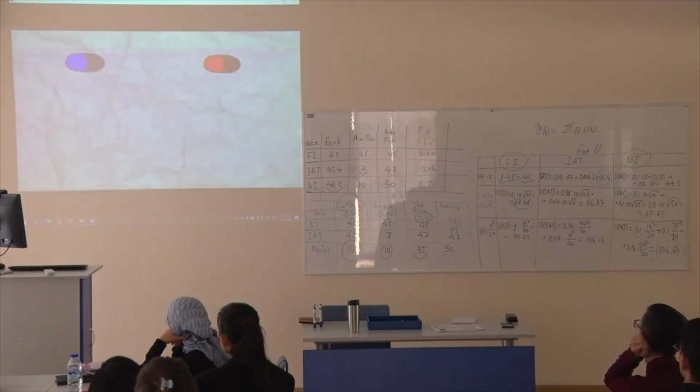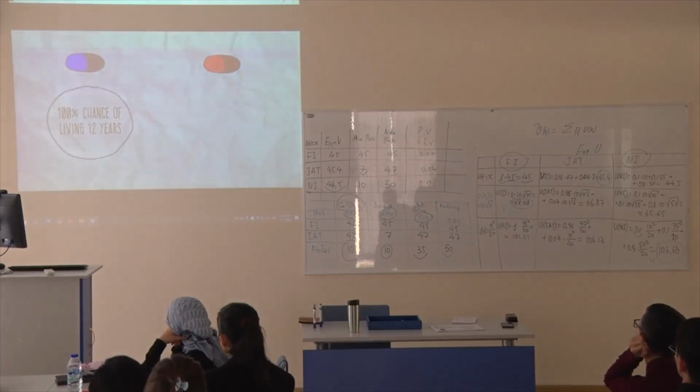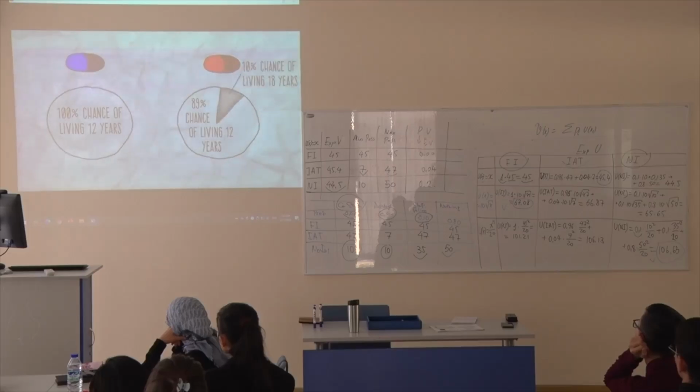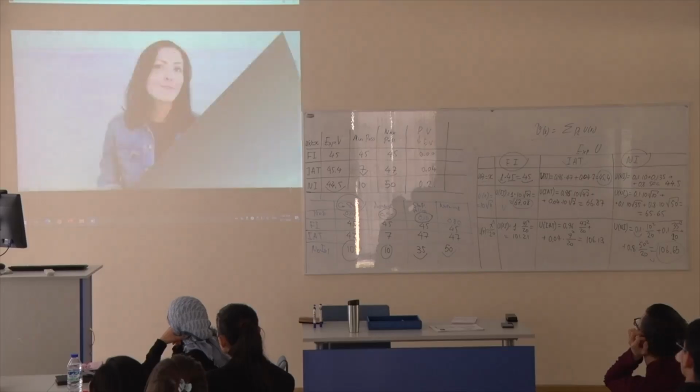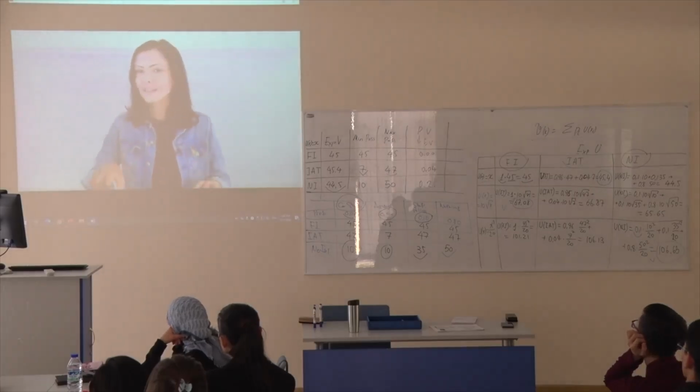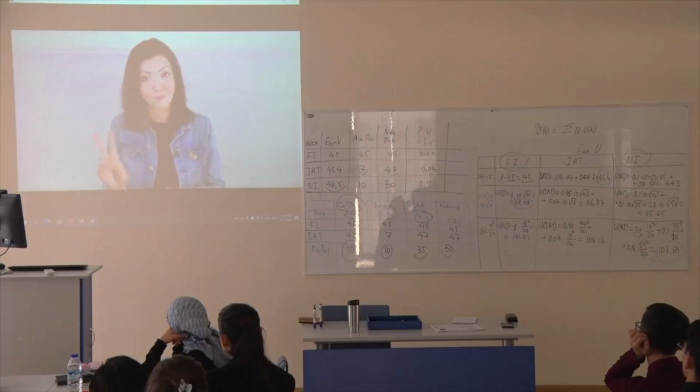The blue pill would give you a 100% chance of living another 12 years before dying, and the red pill would give you an 89% chance of living another 12 years, a 10% chance of living another 18 years, and a 1% chance of sudden death. So, which do you choose? Now, remember your answer and imagine a slightly different scenario. Your regular doctor is out that day, so you go to a slightly dodgier one next door who offers you two treatments.